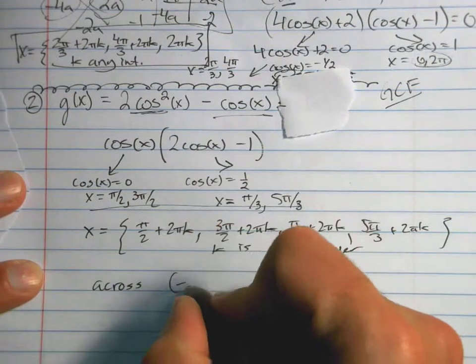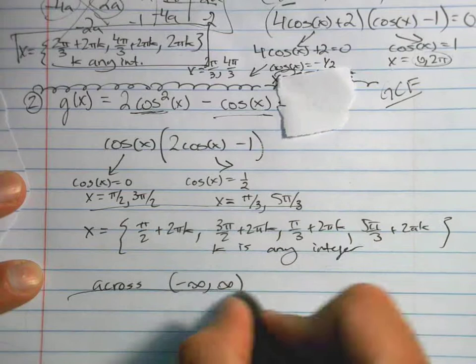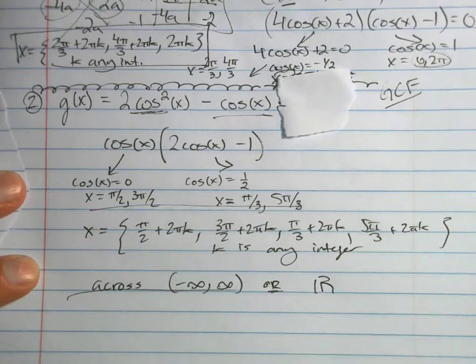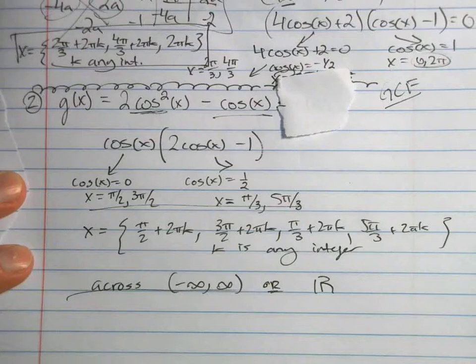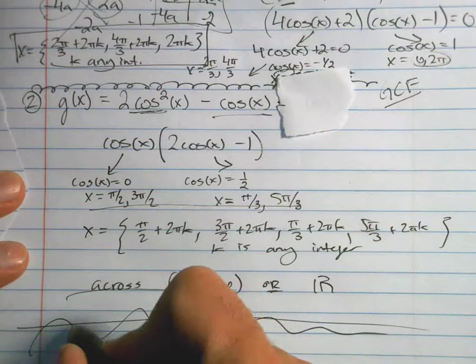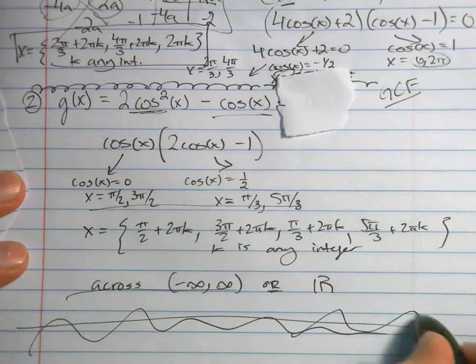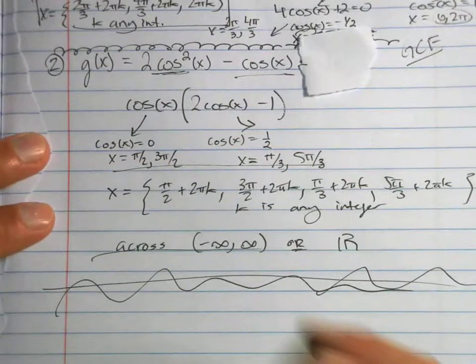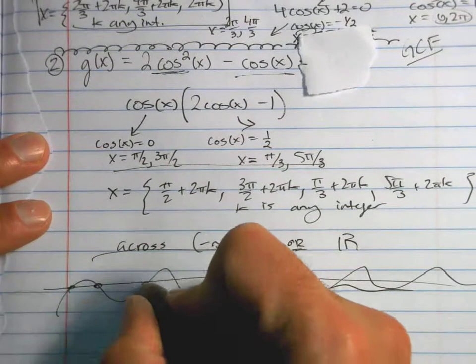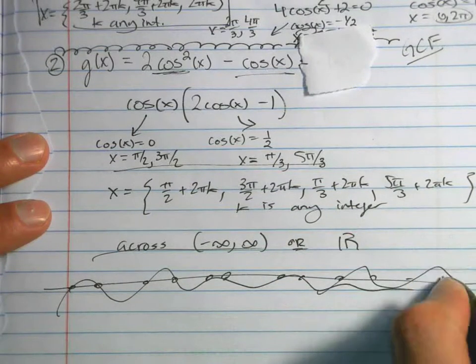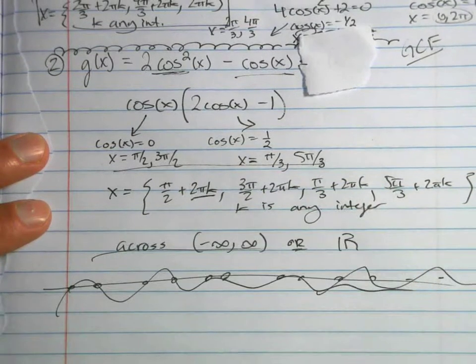And when you see that, which can also be written like this, all real numbers, that means that I have to account for every single solution that happens. And these sinusoidal functions are periodic, which means they repeat over and over and over again. So I've got to talk about every one of these solutions. The only way to do that is to add this 2 pi k. That's the only way to do it properly.